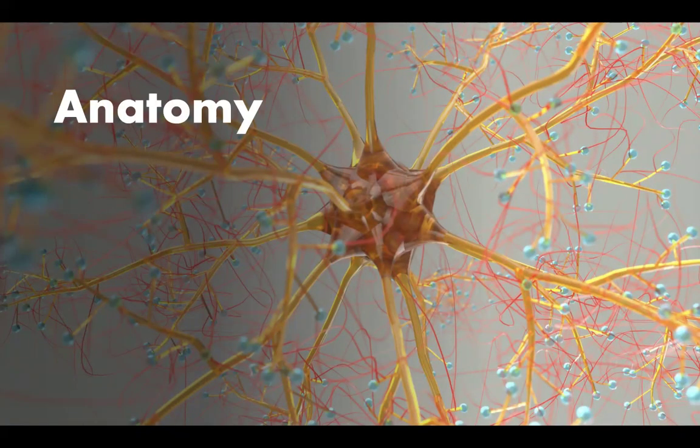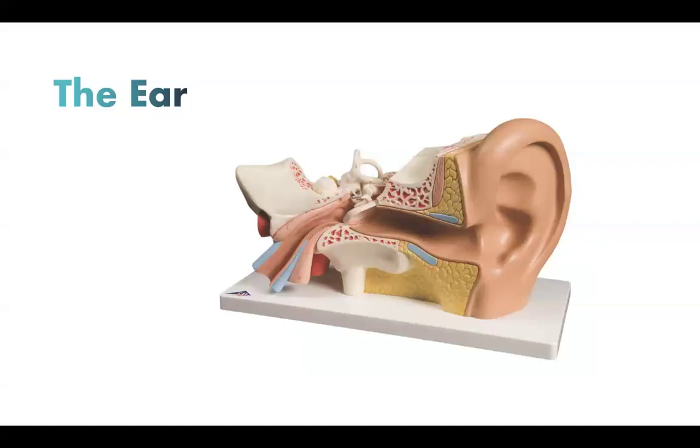I'm not going to go into deep details, but just a quick review that is beneficial for the topic of today. So to start, you know that the ear can be classified into three parts: the external ear, the middle ear, and the internal ear.